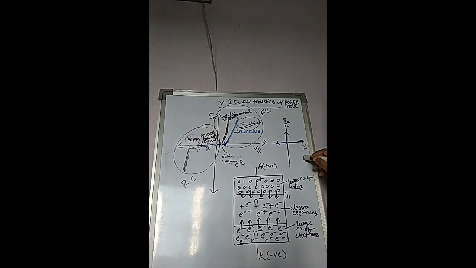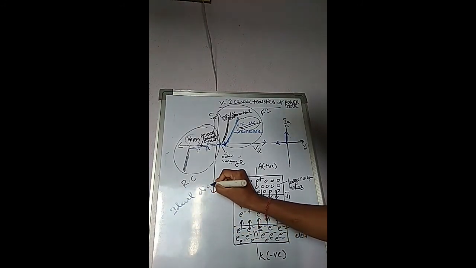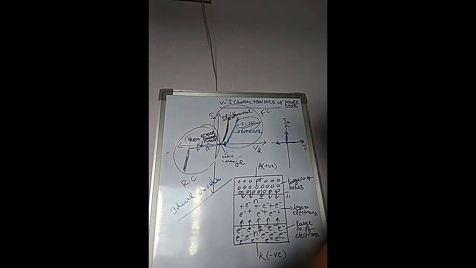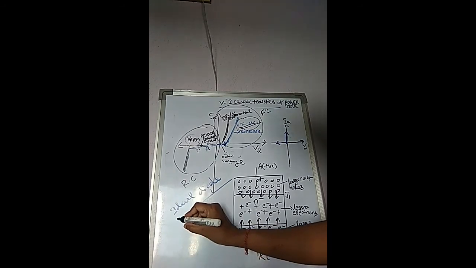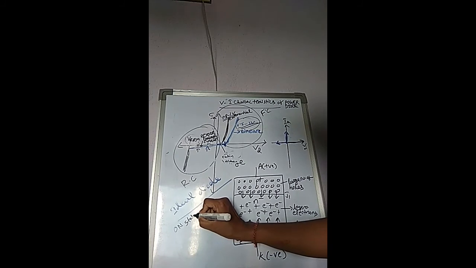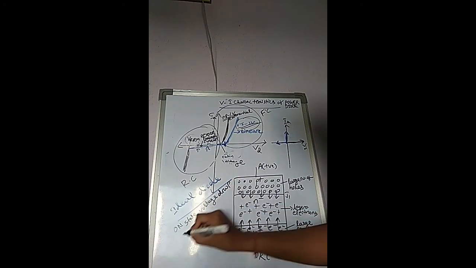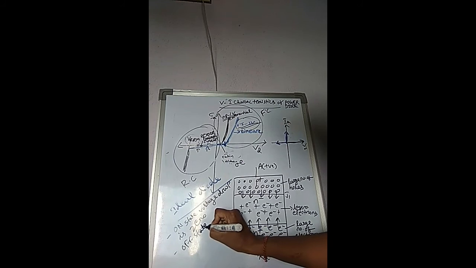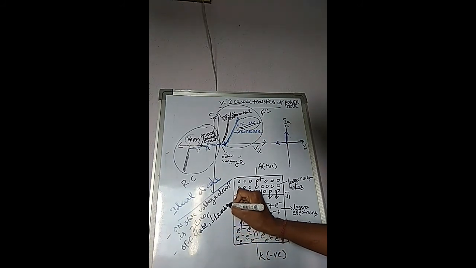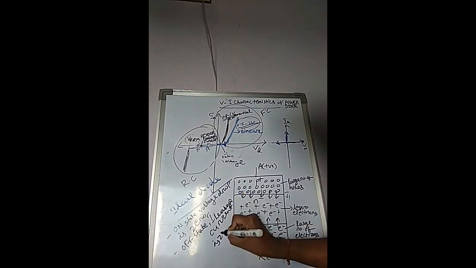What will happen in this characteristic? See, in the ideal diode case, the on state voltage drop is 0 and the off state leakage current is 0.